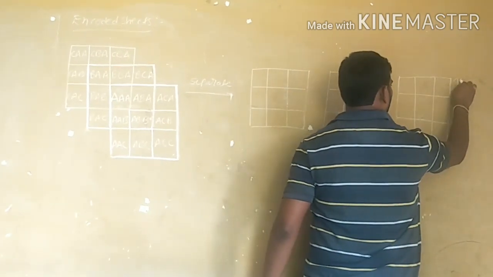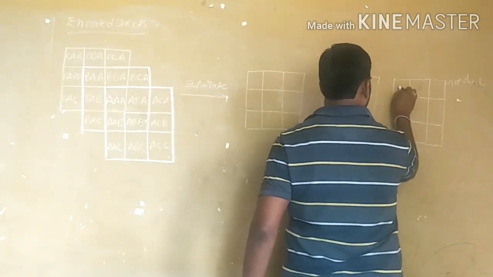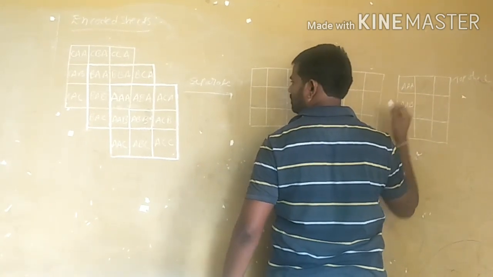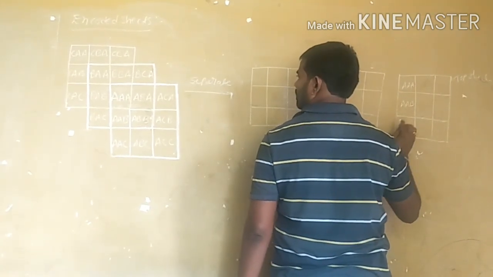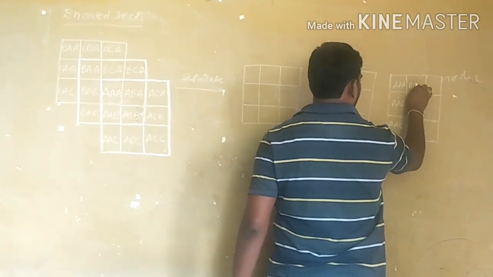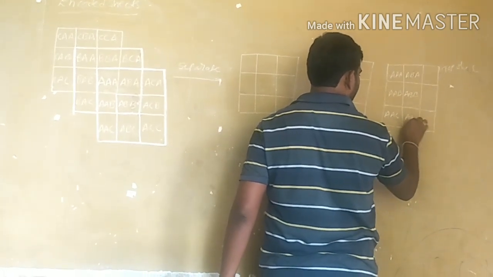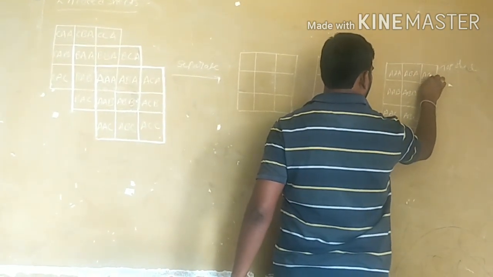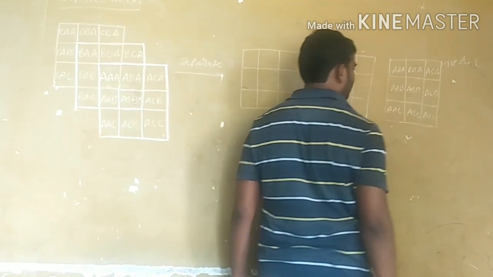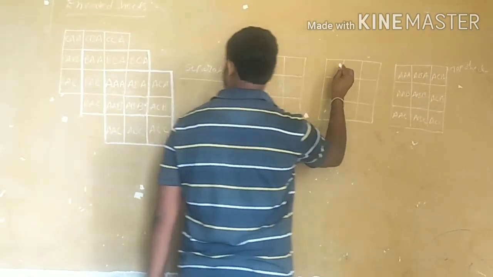This is a top sheet. I am giving the labeling AAA, AAB, AAC. Next ABA, ABB, ABC. Next ACA, ACB, ACC. This is a top sheet.